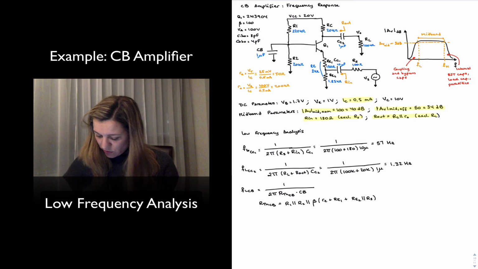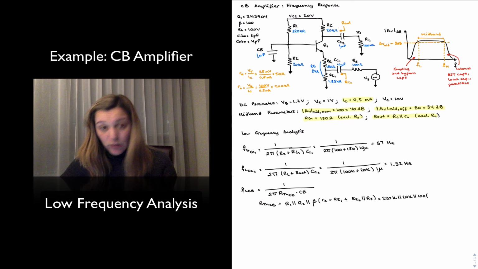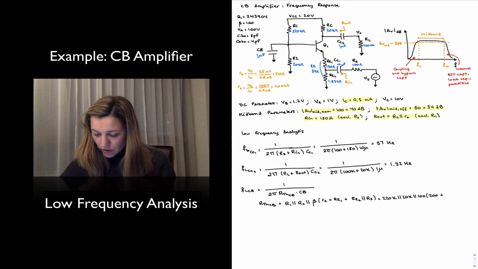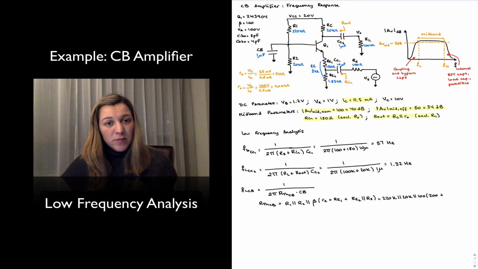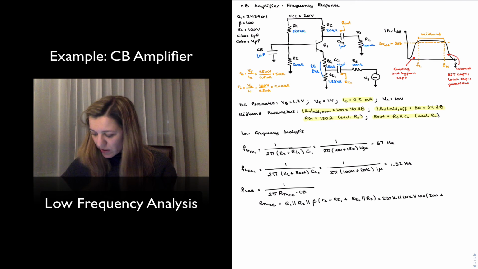So I have 220K for R1 in parallel with 20K in parallel with 100 times, and then little re is 50, RE1 is 150, so this is 200 plus RE2 in parallel with RS, which is 1.85K in parallel with 100, so it's approximately 100.